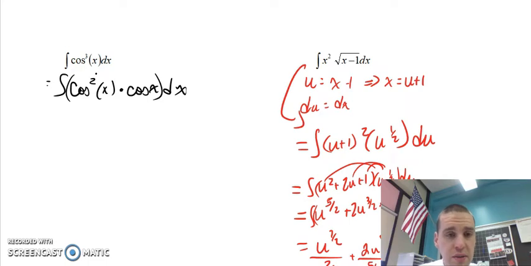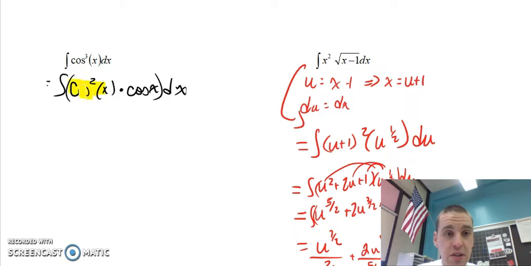So we look at this and we can say, okay, u would still be cosine x, du is sine x. We have the issue with sine x. And so what are we going to do? Well, if I need a sine x somewhere in here, where can that come from? And the key is right here.